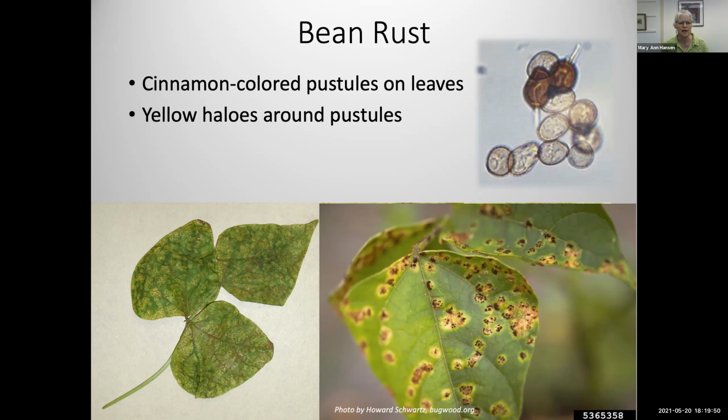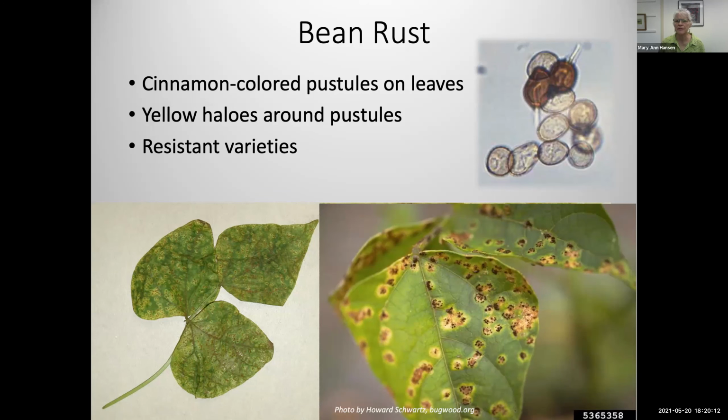I think you can see that on those leaves in the left-hand picture as well, but you can see it even better on this close-up. A lot of fungi and bacteria will produce toxins that ooze out into the surrounding tissue and cause yellowing around them. So that's another indication that you might have a pathogen there.